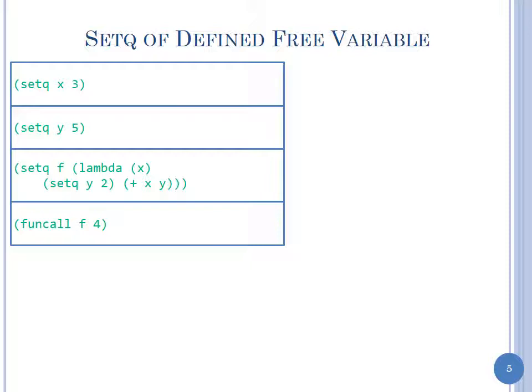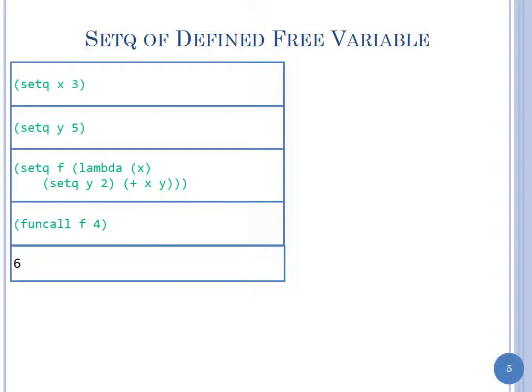Right? And I do funcall f 4, the value should be, so x is 4, and y is going to be 2, so it will be 6, right? So again, we are going to a parent scope. Whether that parent scope is a calling scope or the lexical scope depends on my environment when I'm evaluating it.